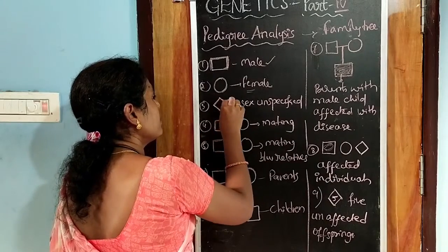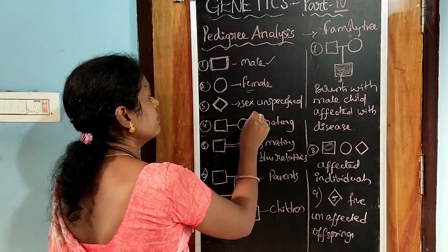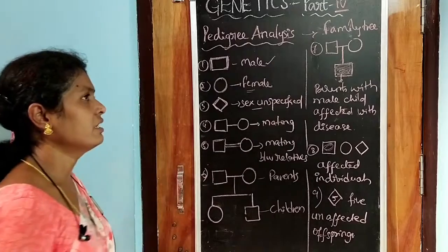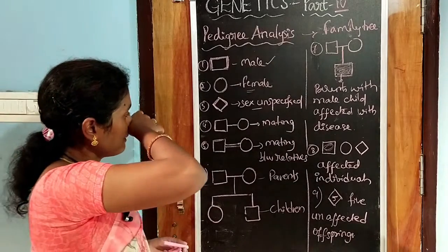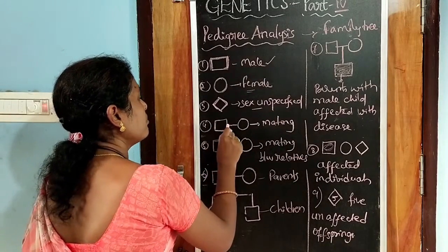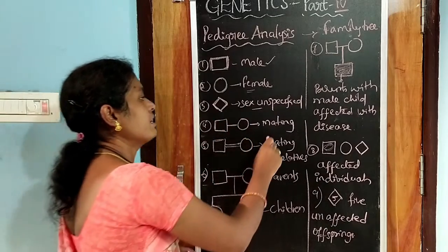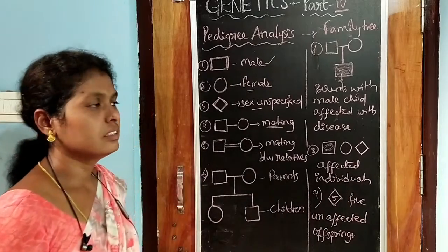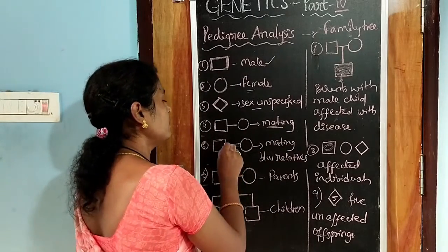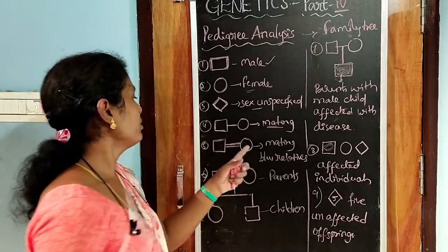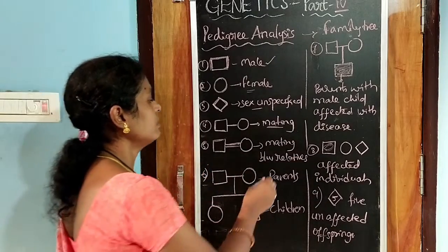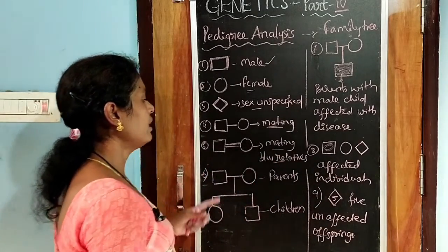An empty diamond shape represents the sex unspecified. A line between a square and a circle represents a mating. And two horizontal lines between the square and the circle represent mating between relatives.